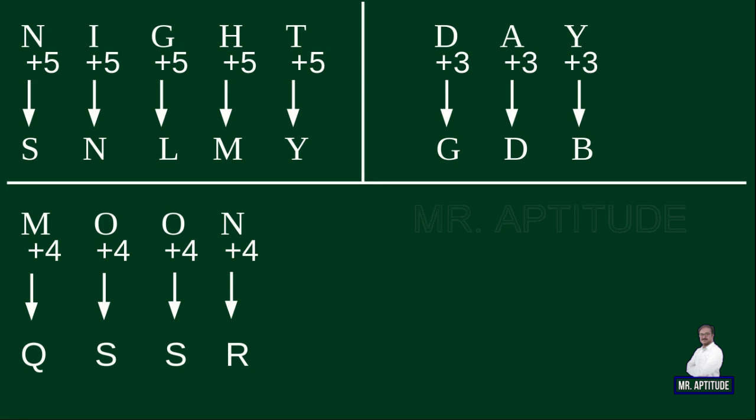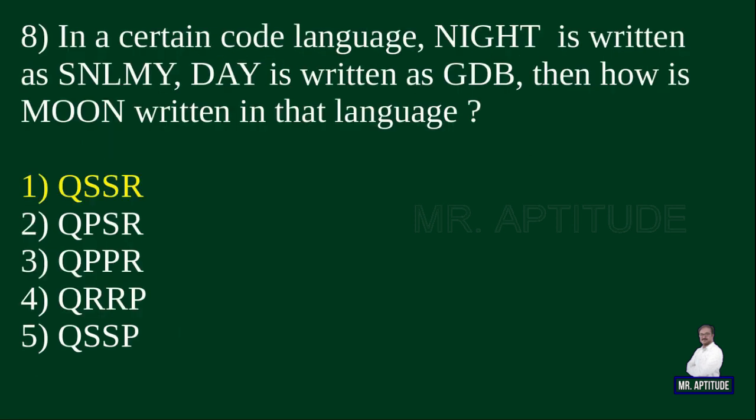So you should remember or memorize these place values. Every time writing their place values will not work, so you should get used to those things as soon as possible. So this is your answer for the 8th one, option number 1.